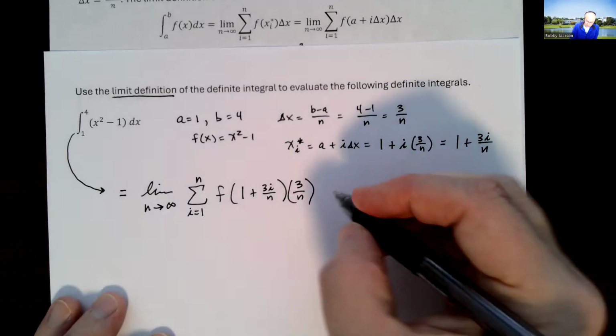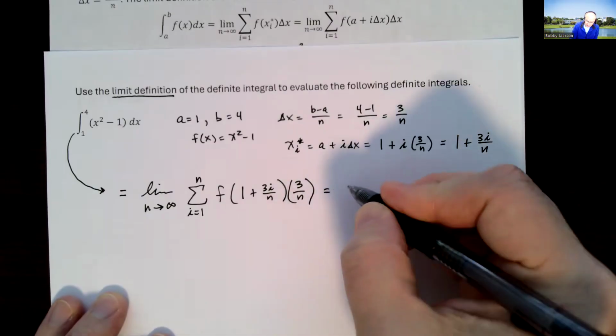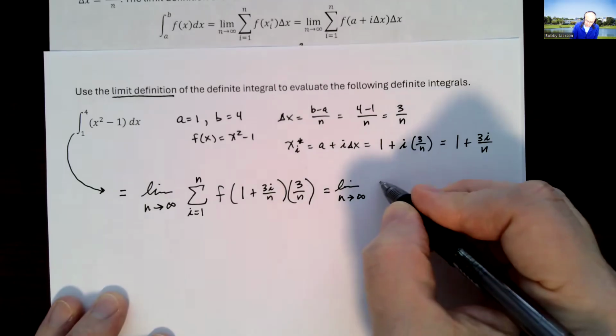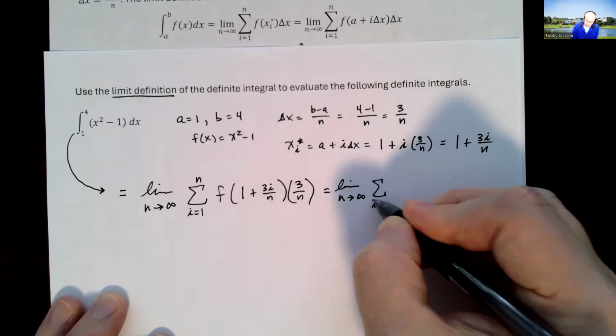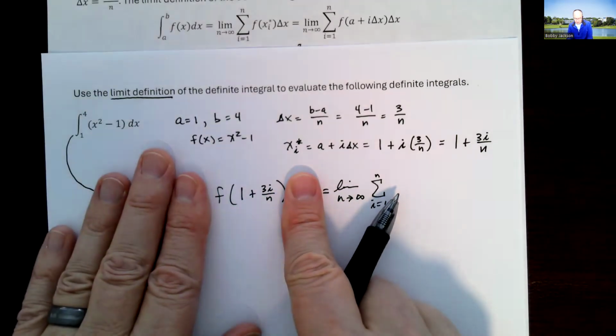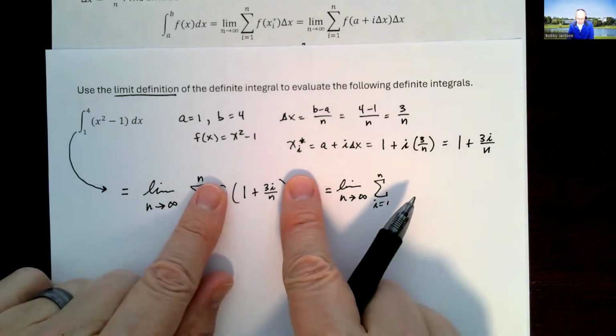Okay. So first step is to evaluate this thing. And so let's do that. This is equal to, again, the limit as n goes to infinity, summation i equals 1 to n. So what is f of this part? Well, f of x is this, so I just replace x with 1 plus 3i over n.